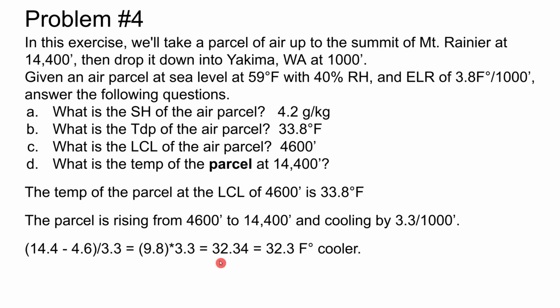So we've got 9.8 thousand feet that it's going to get lifted. 14.4 minus 4.6 is 9.8. So 9,800 feet of lifting, cooling 3.3 degrees every 1,000 feet gets us to 32.34 degrees cooler, which is going to round to 32.3 degrees cooler.